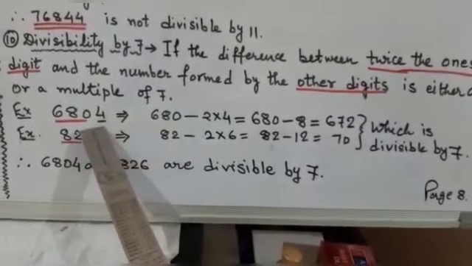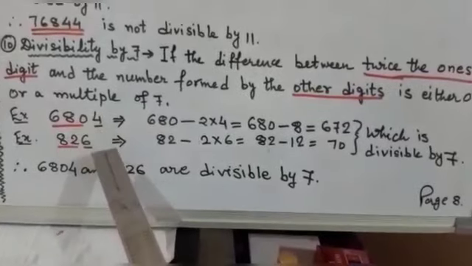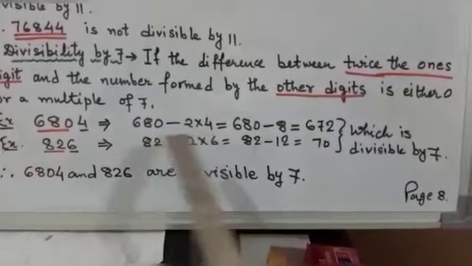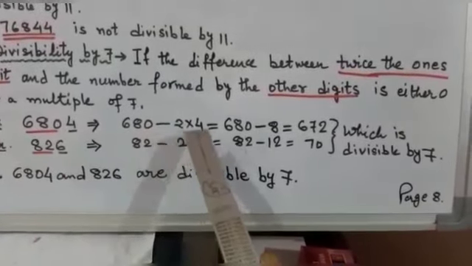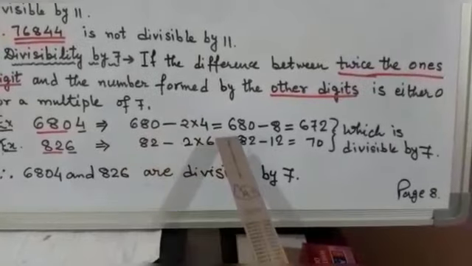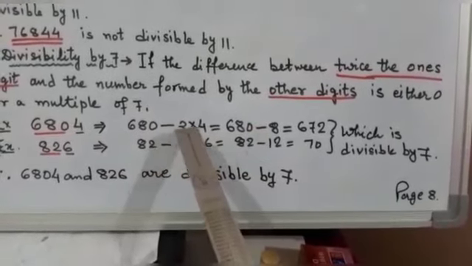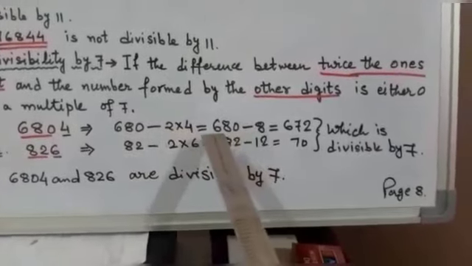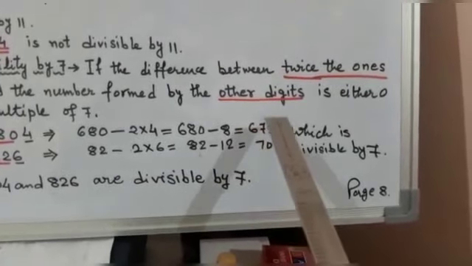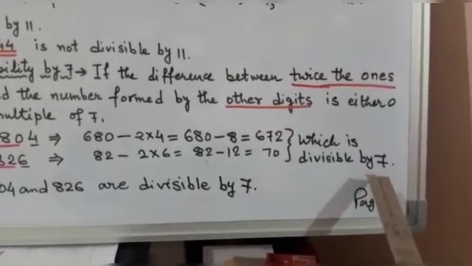We have to multiply the ones place by 2 and subtract it from the rest of the number. So 2 into 4, and the rest of the number is 680. 680 minus 2 4s are 8, 680 minus 8 is 672. Now we have to divide 672 by 7.